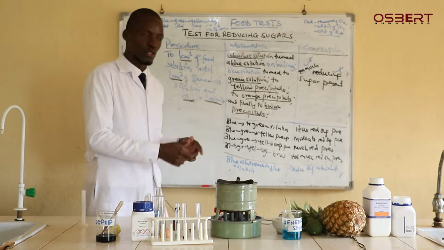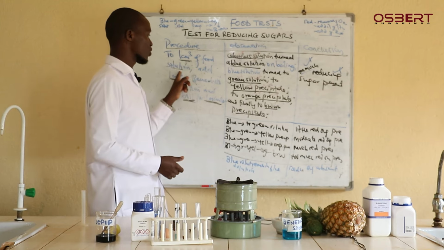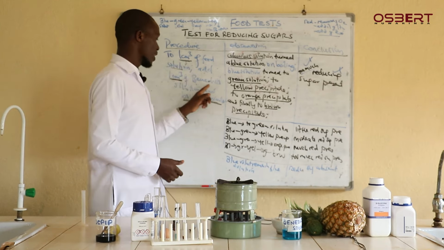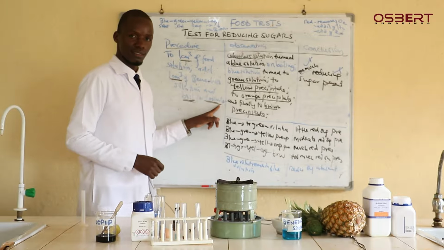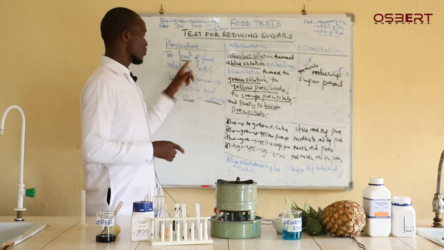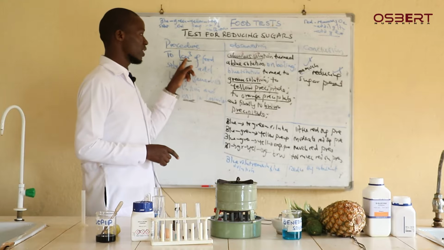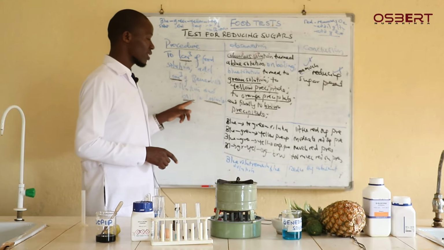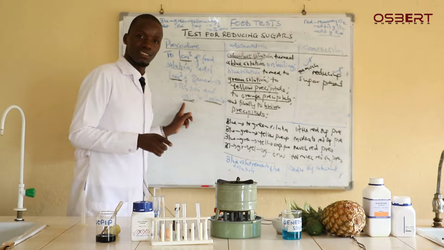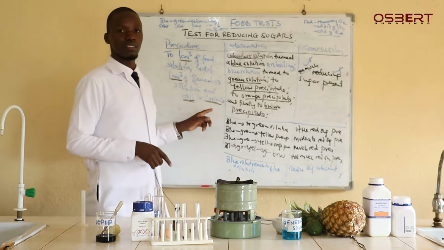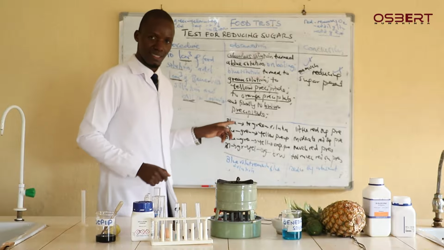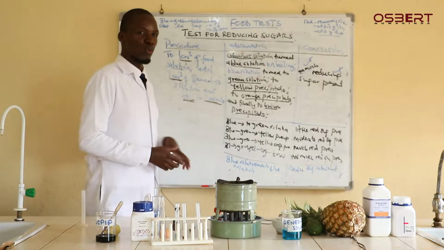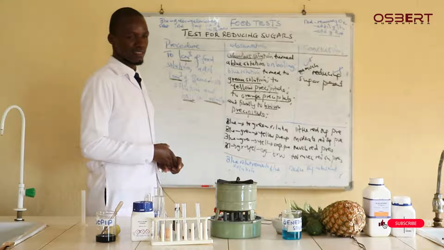In reported speech you say to 1 centimeter cube of the food solution, 1 centimeter cube of the Benedict solution was added and the mixture boiled for 1 minute. Key, we use the same quantities of the reagent and the same quantities of the food solution. This is another key point. We boil, we don't heat, and we boil for 1 minute. If you boil for 1 second, you may not be able to see accurate results. That's why you are supposed to boil for at least 1 minute.